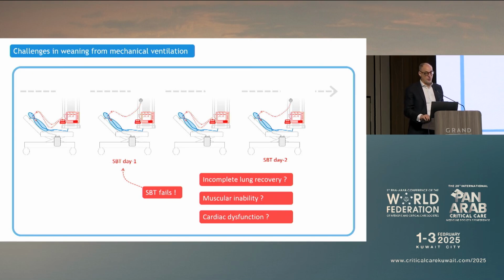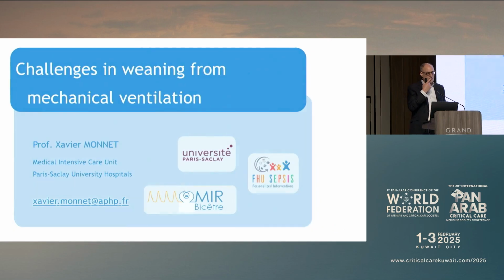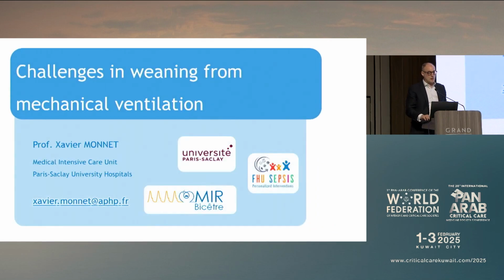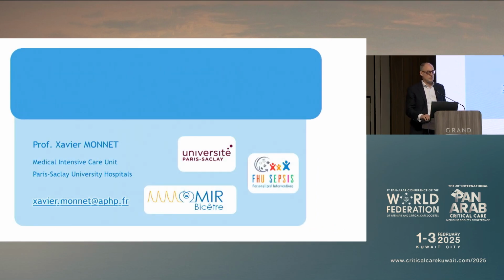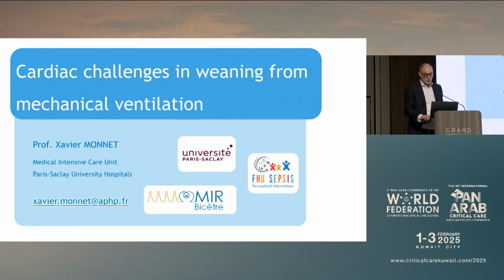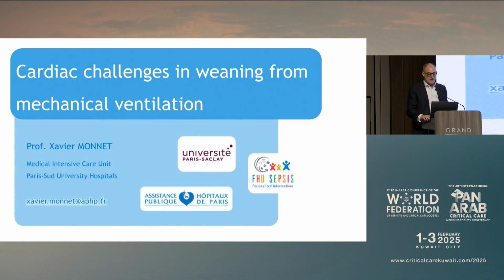And that's the point on which I would like to insist. From challenges in weaning from mechanical ventilation to cardiac challenges in weaning from mechanical ventilation, and I will try to show you how important this is and how to deal with it in practice.